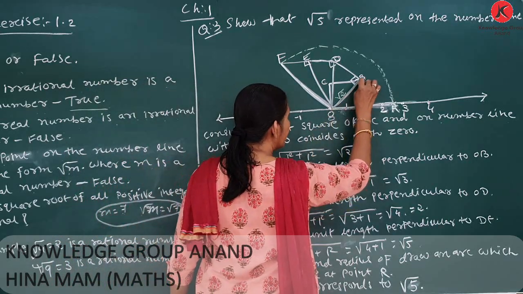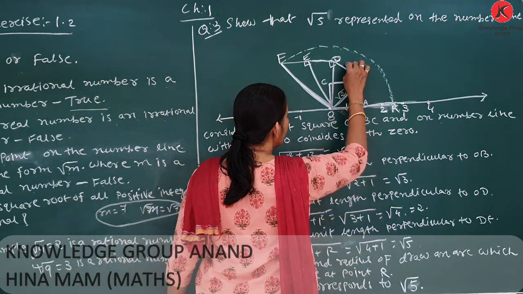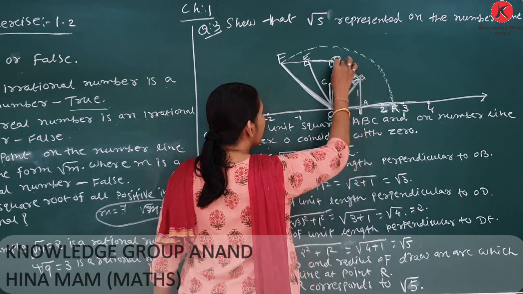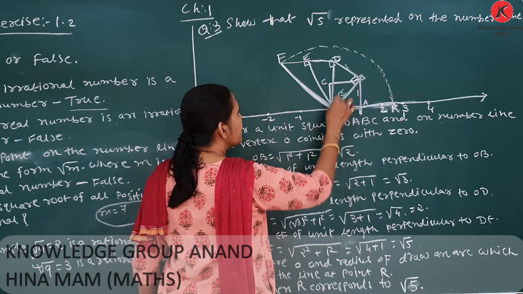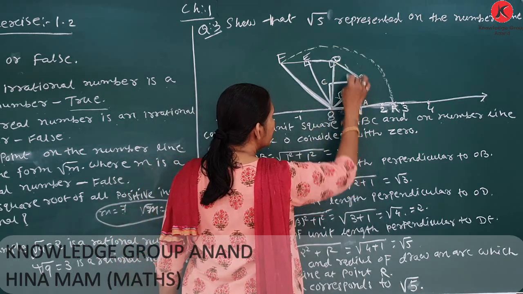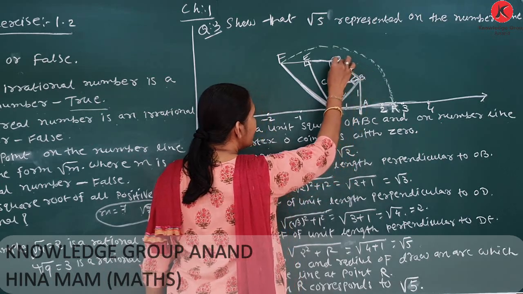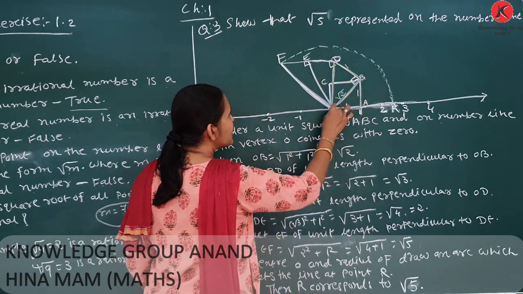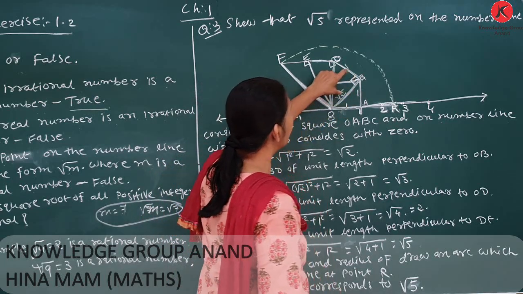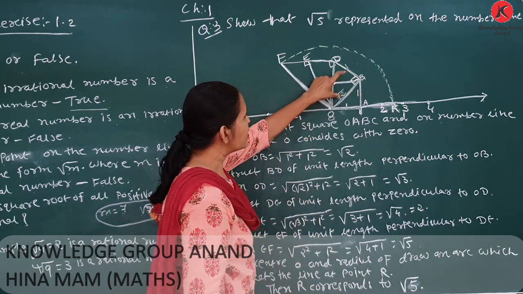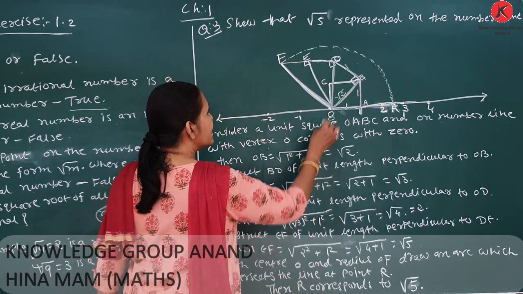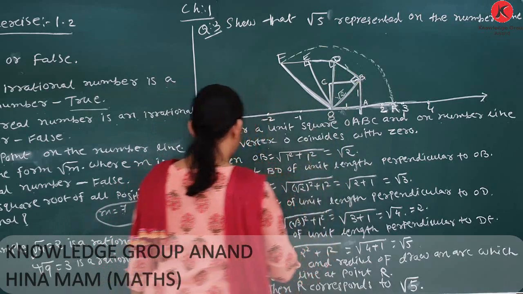OB is equal to root 2 and BD is equal to 1. Therefore, OD square is equal to root 2 square plus 1 square, which is 2 plus 1, that is 3. OD is equal to under root 3.